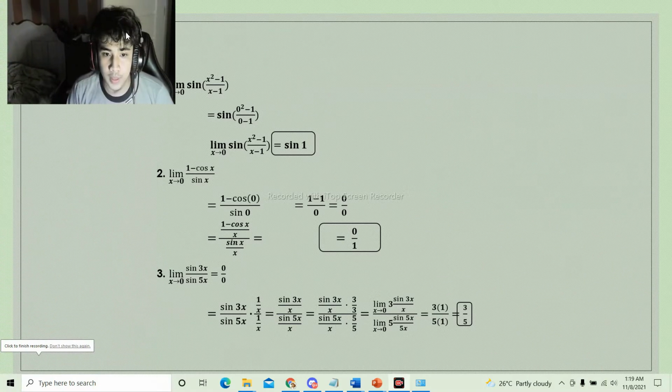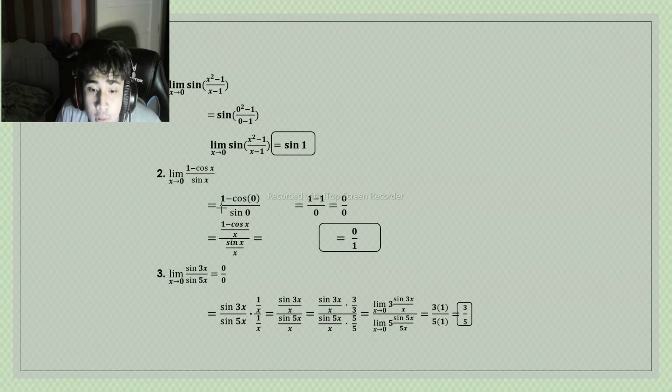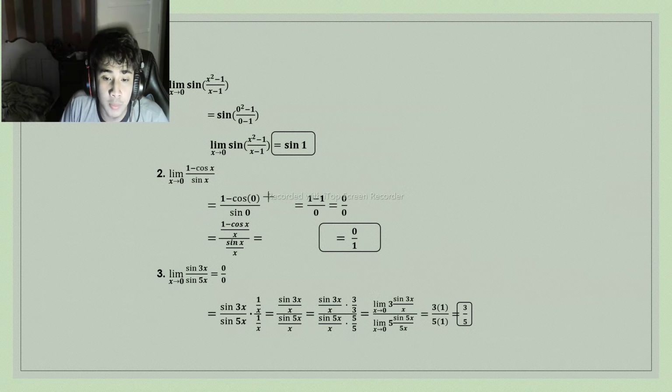So, sa second example naman natin, which is limit of 1 minus cosine x over sine x as x approaches 0. So, try natin i-substitute yung value natin, yung 0 sa x variable. So, 1 minus cosine 0 over sine 0, and that will give us 1 minus 1 is equal to 0.